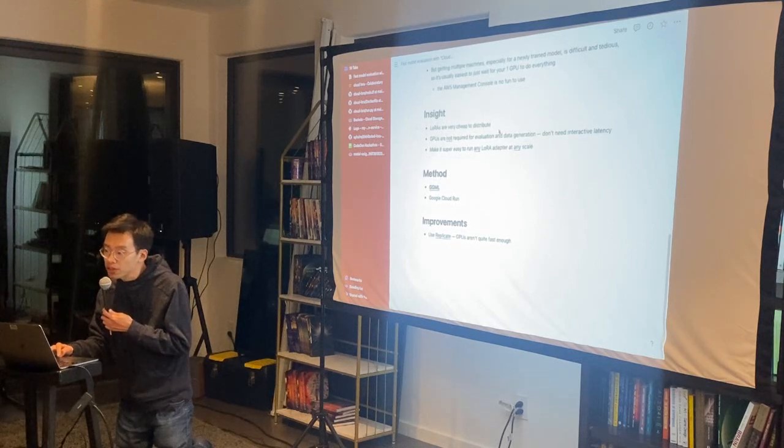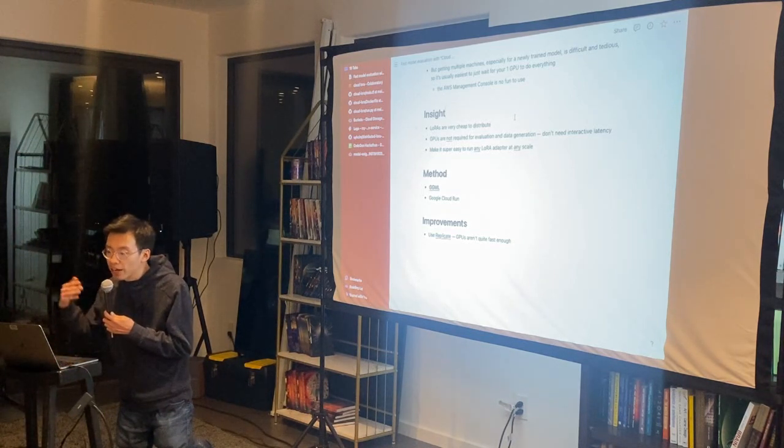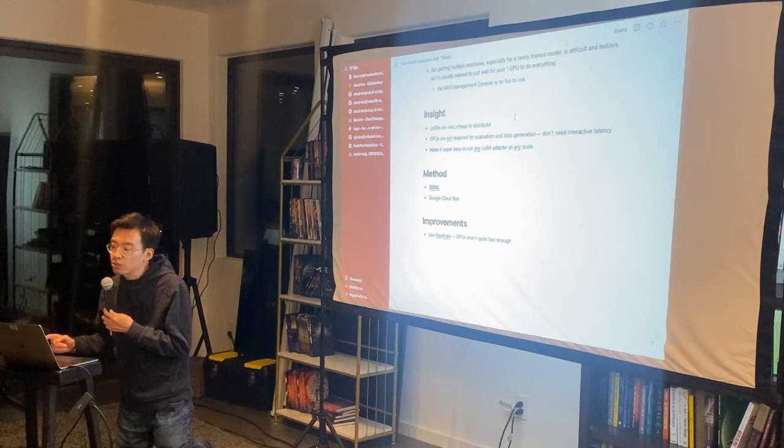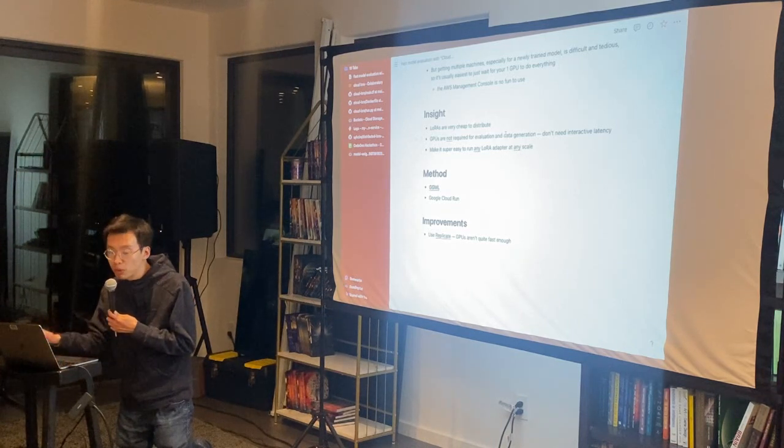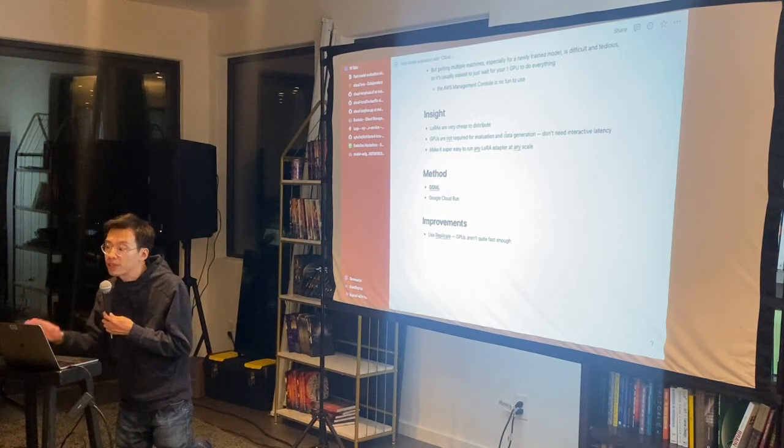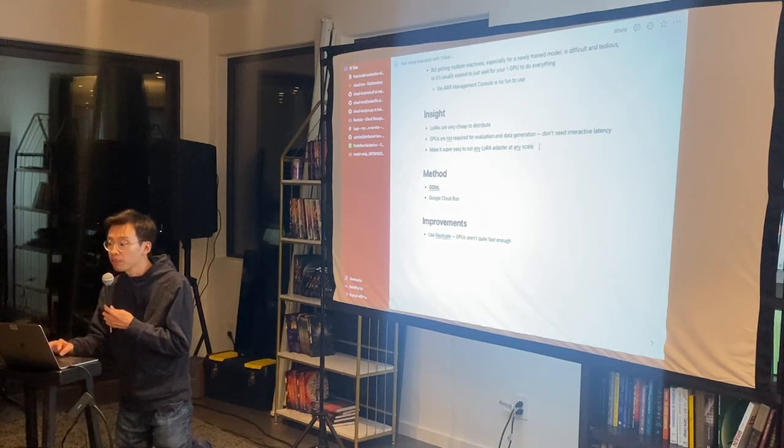So my hunch, or kind of insight, is that LoRA is actually very cheap to distribute. So if you rely on LoRAs to do fine tuning, it should actually be possible to farm out a LoRA to a bunch of GPU instances or even CPU instances and run it in parallel at a large scale.